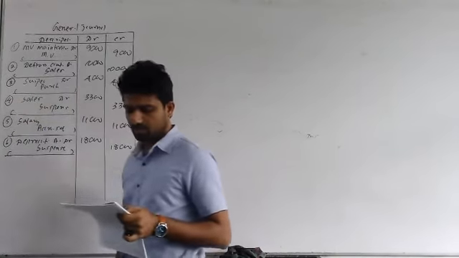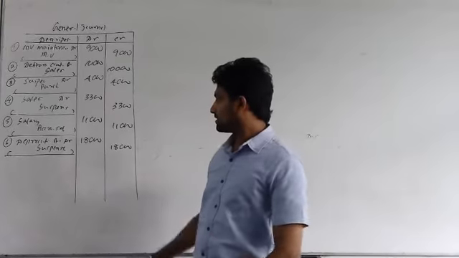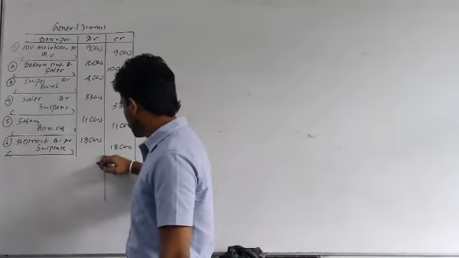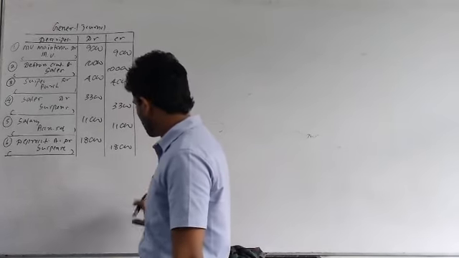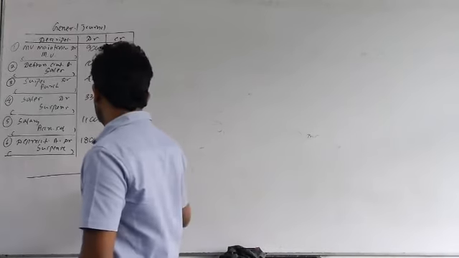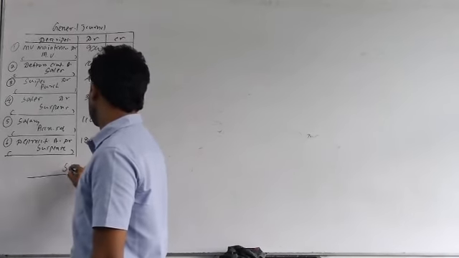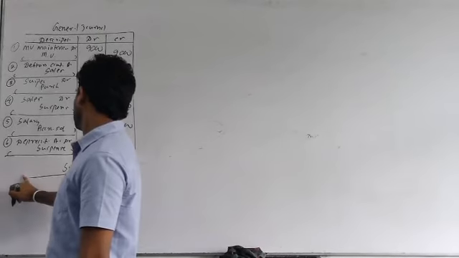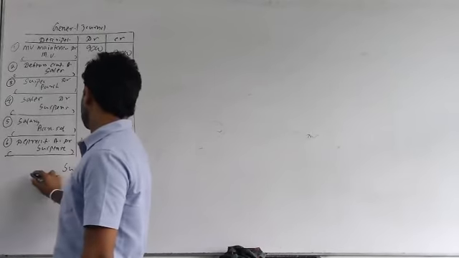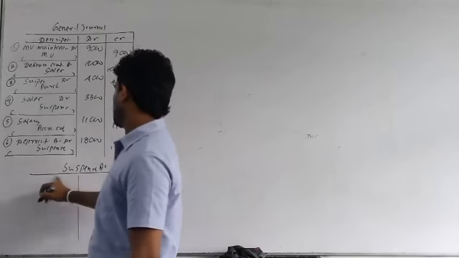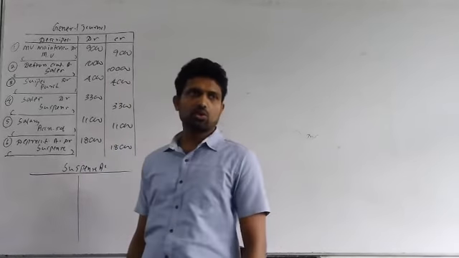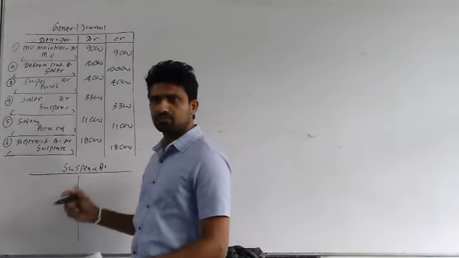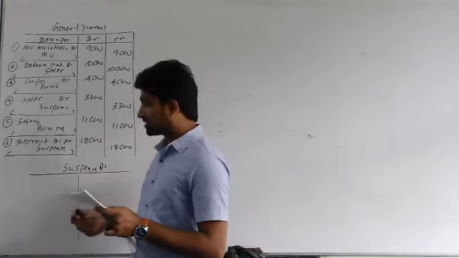Now, this is how you have to prepare the journal entries. Then, in the suspense account, we are not given the opening balance. We don't know whether it comes from the debit side or credit side. I just leave one line from both sides.